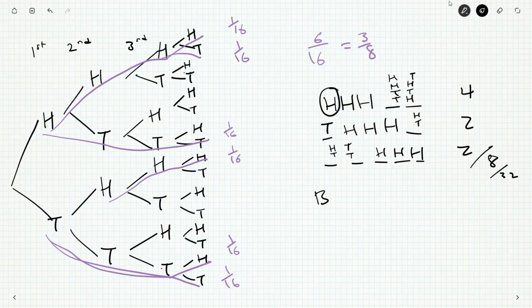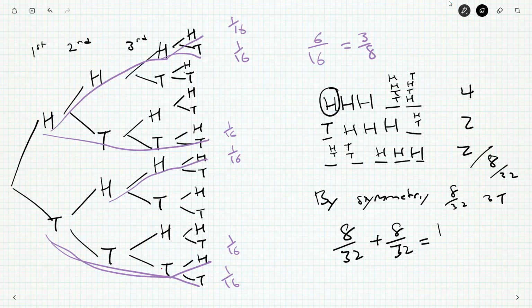And by symmetry, there's 8 out of 32 ways to get 3 tails in a row. There's no overlap. I'm not going to be able to have one of these strings be both 3 heads and 3 tails. There's only 5 of them. And you'll notice 8 over 32 plus 8 over 32 is 16 over 32, which is 1/2.